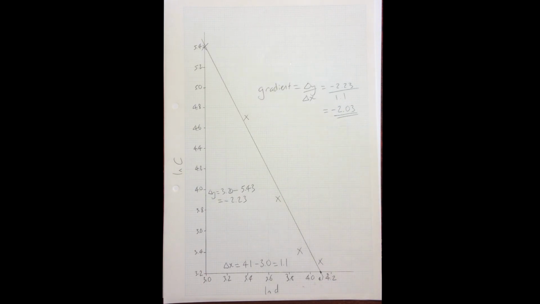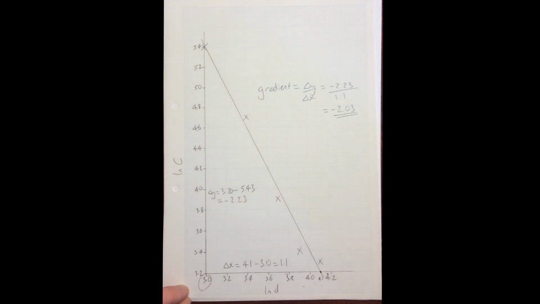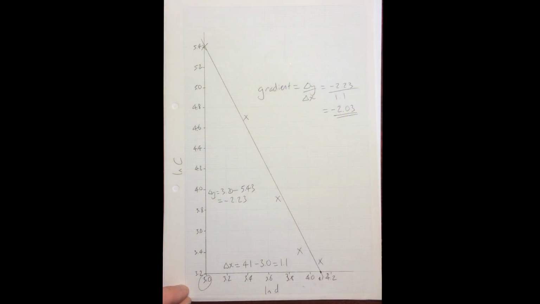Now the next bit is that we need to work out the intercept, but the problem here is because we haven't plotted 0 on the x-axis, that's not our intercept, so we can't calculate the intercept on this graph by just taking the value where the line of best fit hits the y-axis.